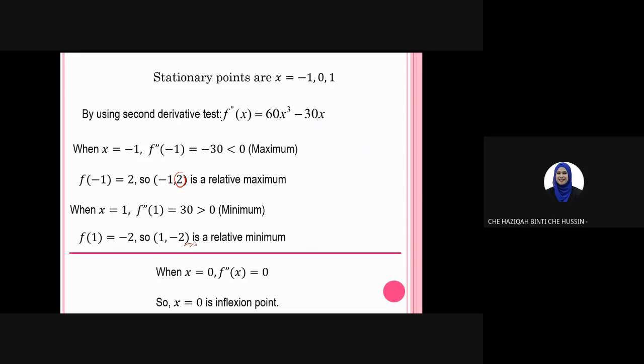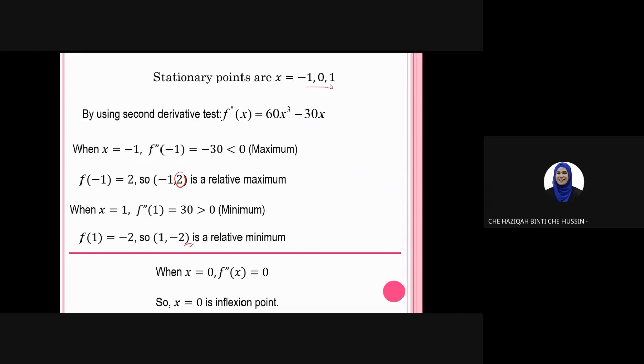When x equal to 0, here we have 3 points, f double prime x equal to 0. So x equal to 0 is the inflection point.